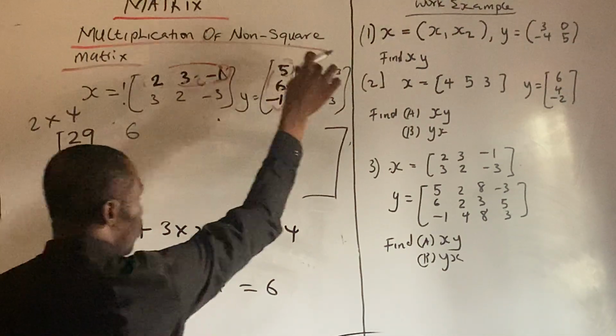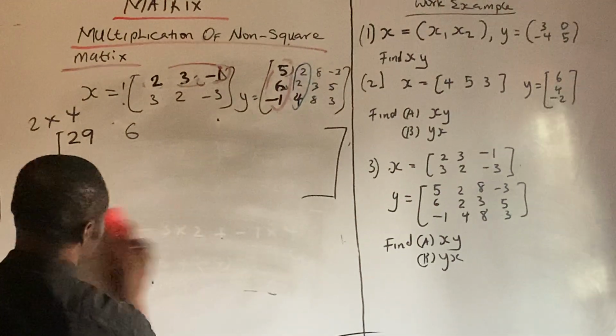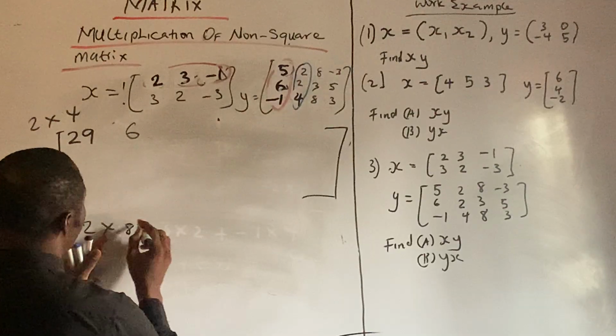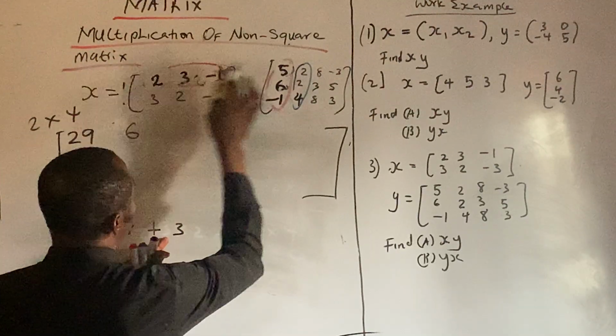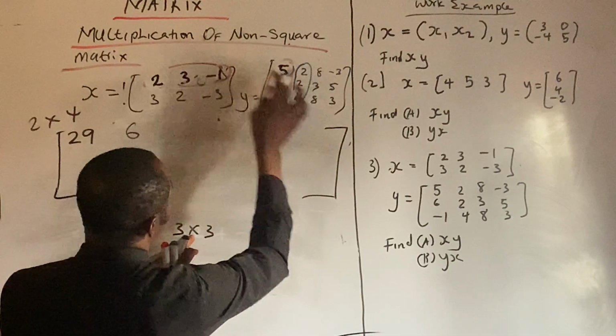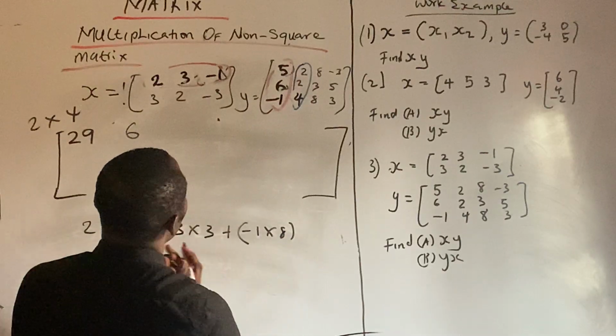This same column will multiply everything in here. So let's clean up the board. So we have 2 times 8 plus 3 times 3, minus 1 times minus 8. So what do we have?